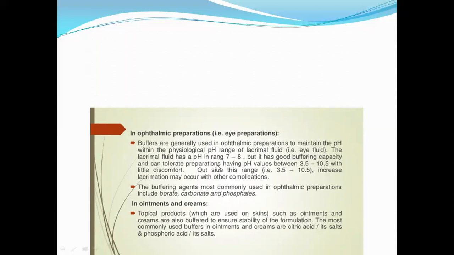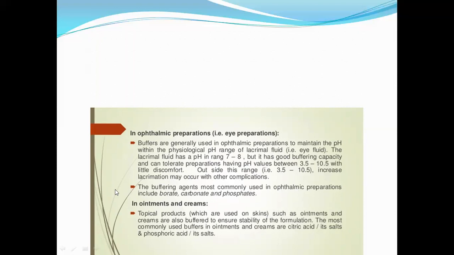Lacrimal fluid has a pH in the range of 7 to 8, but has good buffering capacity and can tolerate preparations having pH values between 3.5 and 10.5 with little discomfort. Outside this range, increased lacrimation may occur with other complications. So the buffering agents most commonly used in ophthalmic preparations are borate, bicarbonate, and phosphates.